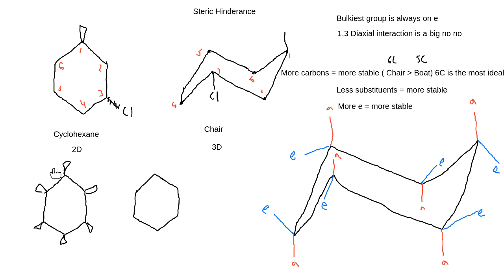They're all wedges. If they're all wedges, you can alternate axial and equatorial. This is going to be equatorial, axial, equatorial, axial, equatorial, axial.